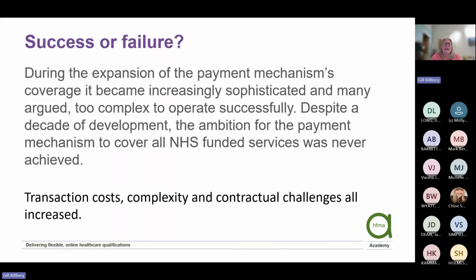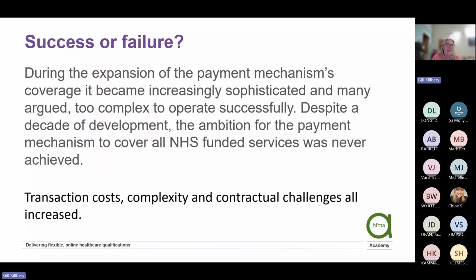The payment mechanism itself has changed over the years. It got really complex, very sophisticated, and encouraged lots of arguments to actually get money paid across.